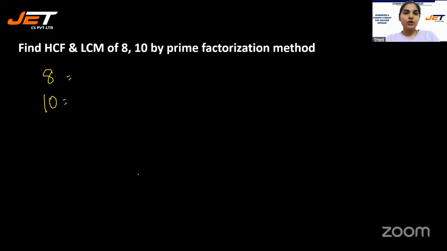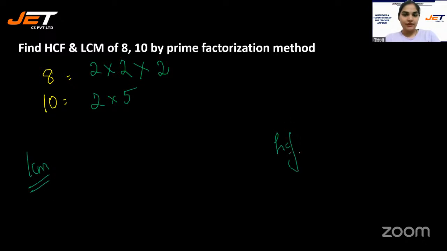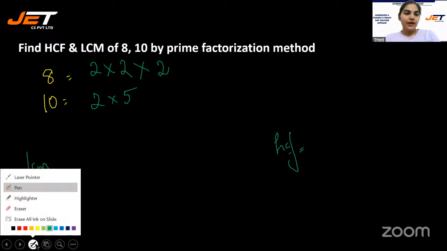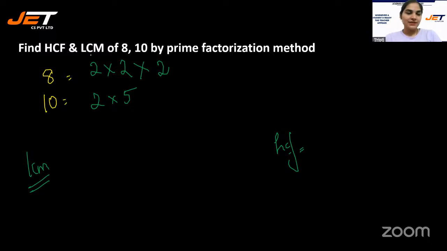So if I talk about 8, it's 2 times 2 is 4, 4 times 2 is 8. Now 2 times 5 is 10. LCM this side, HCF, let's take it to that side. Now for LCM you take the maximum occurrences. 2 is thrice, and there is 1, 5.